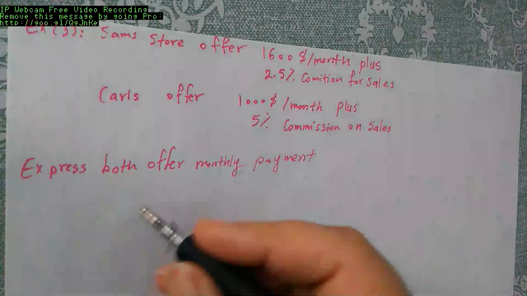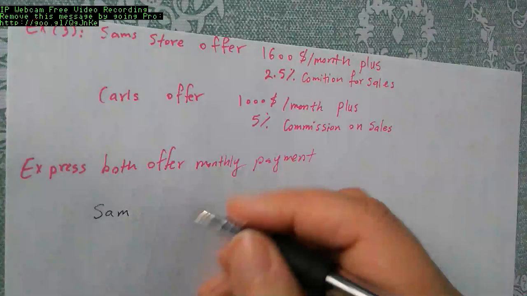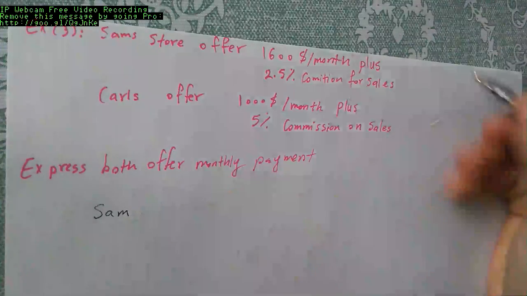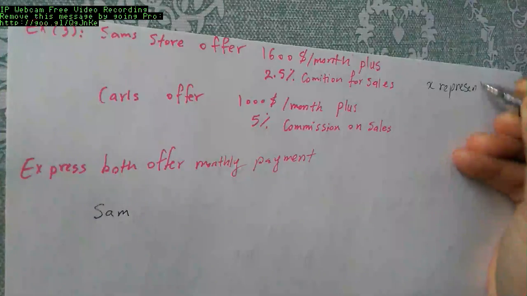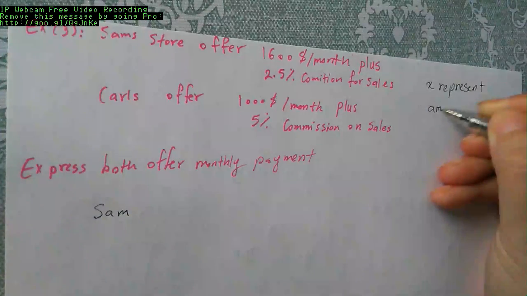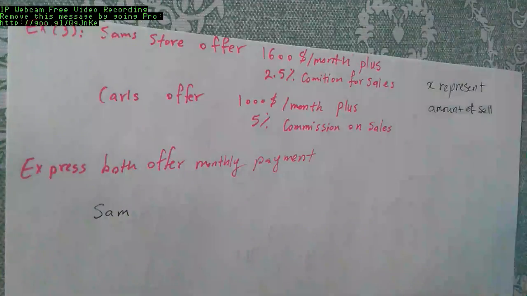For Sam, let's say the x represents the amount of sale, meaning how much you sell in a store.